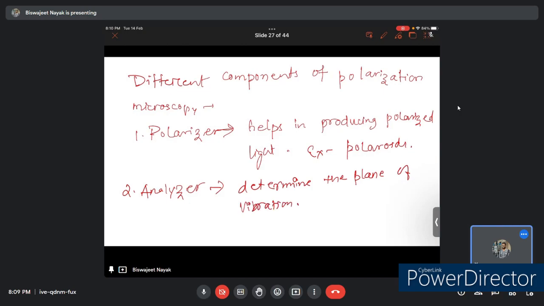What other concepts are needed for this polarization microscopy? The next concept is called double refraction.